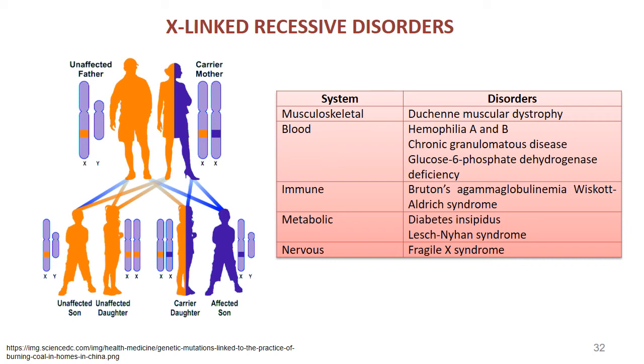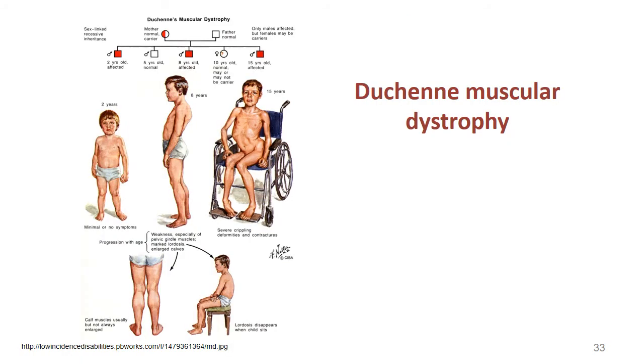Father never transmits the disease to sons. The disease may occur in females, XX, provided they are homozygous for this pathological trait, or have karyotype 45X0. Please see examples of X-linked recessive disorders in the table below.